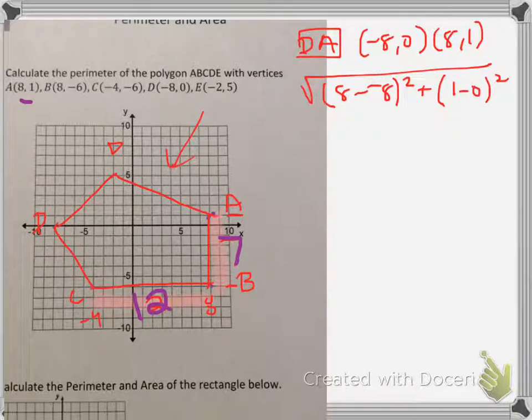Guys, we're just going to punch it in our calculator from here. Sometimes when we do it on our own, we just make mistakes. So this is minus a negative 8. So 8 minus a negative 8 squared in our calculator. And then plus 1 minus 0 squared, you probably could do that part in your head, but let's just let our calculator do that work. When I do that, I get the square root of 257. When I hit equals, I get 16.03. So we're just going to round that to 16 if that's okay. So this value from here to here is 16.